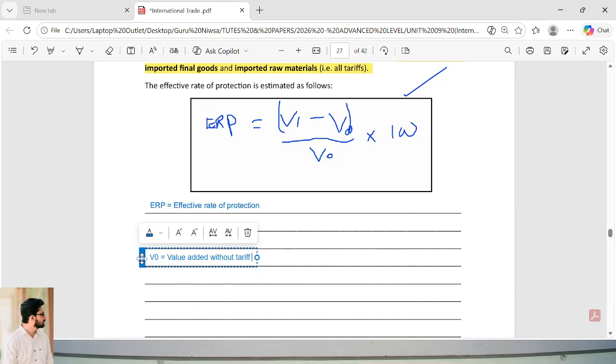Without tariff means under free trade, right?